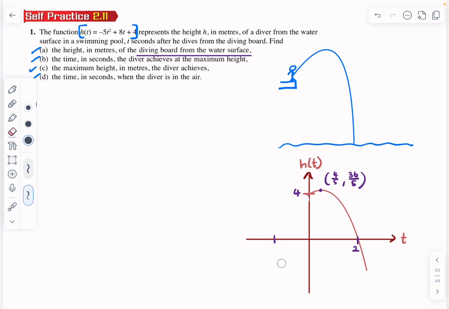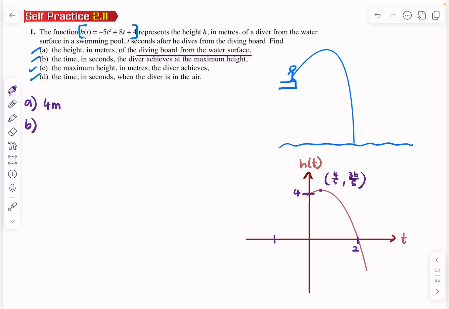This one also no need. So he starts here, this is the diving board, and then he jumps a bit up and then he goes down. So the height of the diving board will be this height, 4 meters.